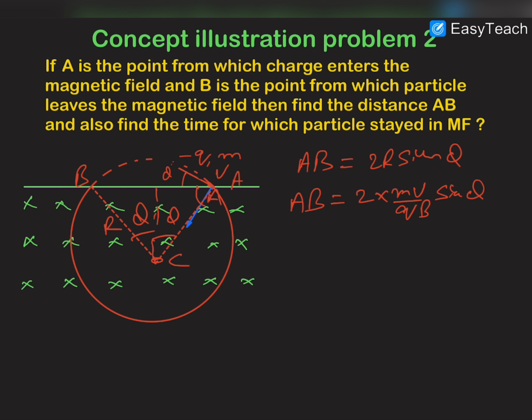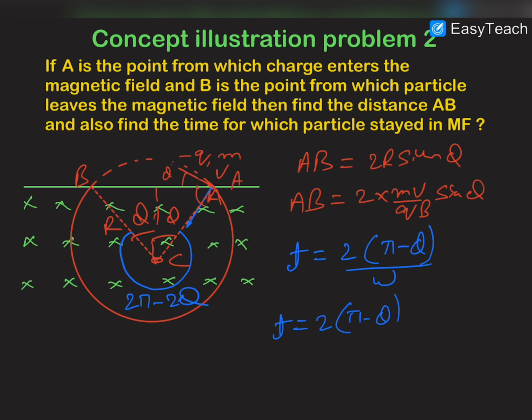You can see that the angle made by the particle at the center of the circle is 2 pi minus 2 theta. So the time will be equal to 2 pi minus 2 theta upon omega, where omega is qB by m. Because obviously the particle rotated from this point to this point, so the angle made at the center would be 2 pi minus 2 theta.